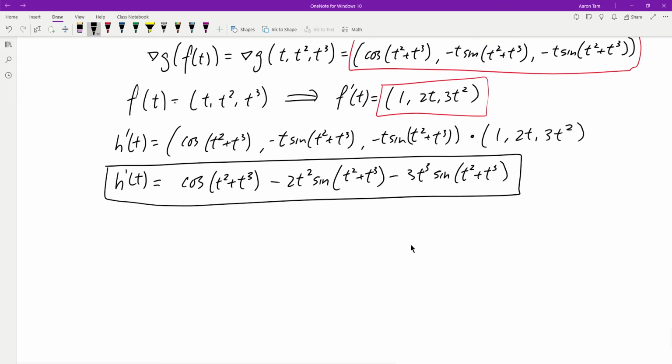Well, I could actually do the following, which might wind up being easier or more difficult depending on the function that we have. In this case, I'm going to ask you to find a formula for h of t, and then find h prime of t without using the chain rule from 6.1.